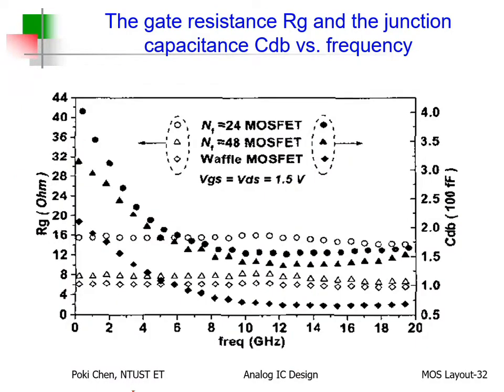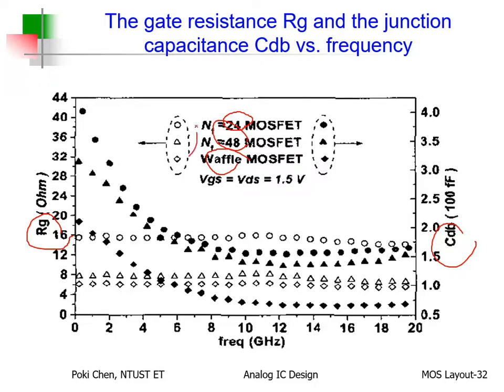Okay, the other lucky guys, I mean device engineers, would like to know how much for the resistance, for the capacitance. I have no idea from simulation or measurement. But for comparison, they have 24 fingers stacked together, 48 stacked together, and finally compare with the waffle layout.